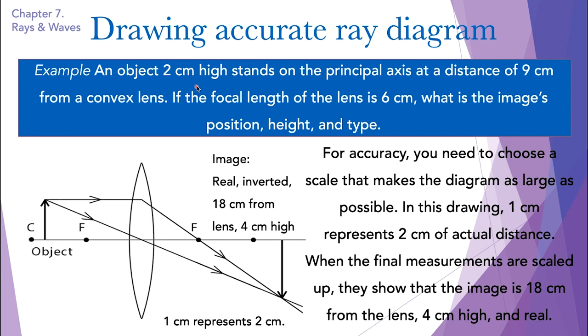So what I have done is I've converted 2 centimeters into 1. So the object's height has become 1 centimeter, and the distance of this object from the lens has become 4.5 centimeters. Half of 9 centimeters in simple words. And so the answer I got was 2 centimeters high and 9 centimeters from the lens.